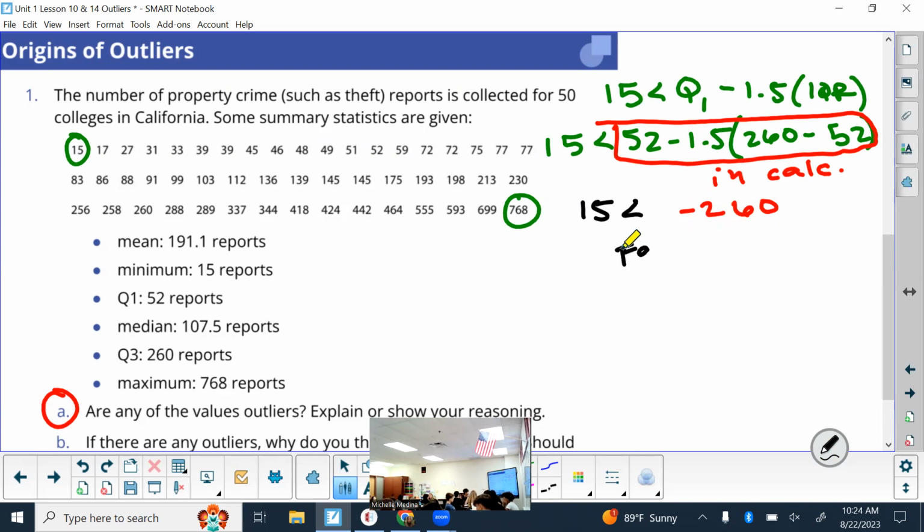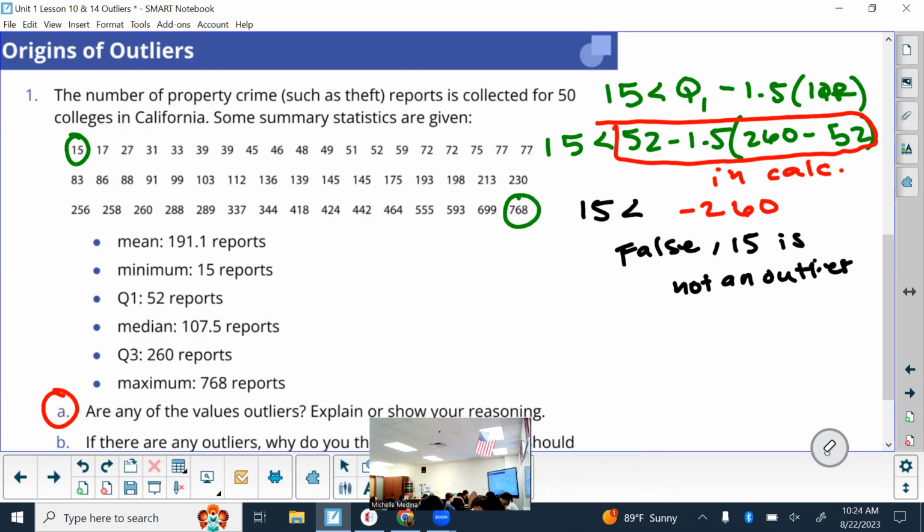So this is false, which means that 15 is not an outlier. For it to be an outlier, it has to be less than negative 260. Does that make sense? So none of these numbers are less than that, so there's no outlier, at least on the left side.